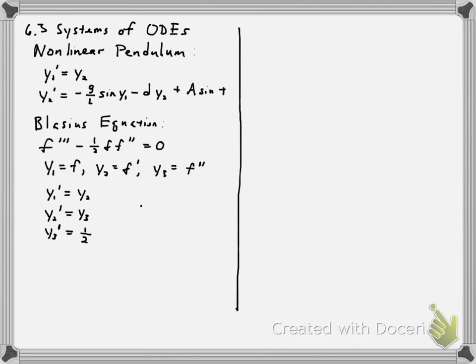F is y1, and f double prime is y3. So this is how we can convert a third order differential equation to a three-dimensional first order system. Now, of course, we would need three initial conditions to have an initial value problem that we could try to solve.